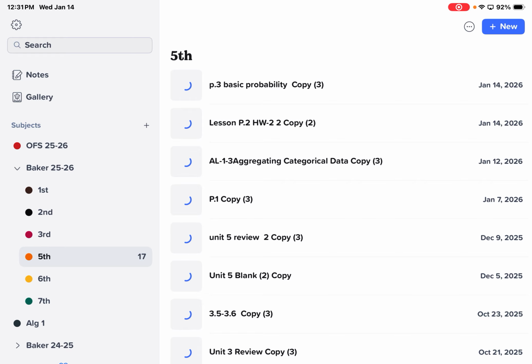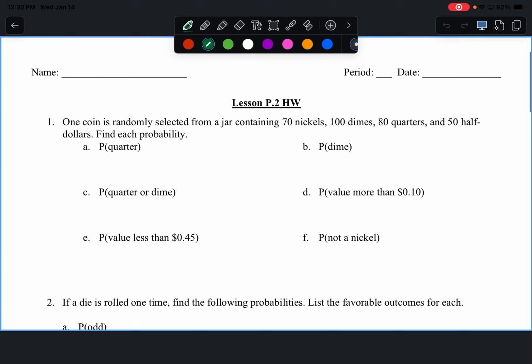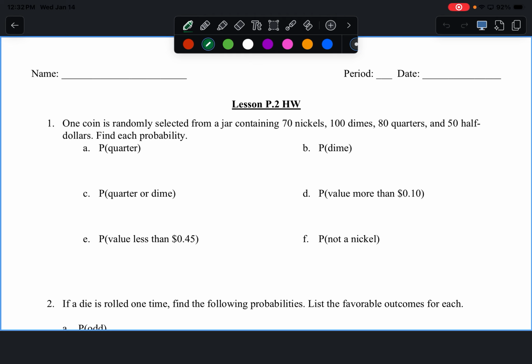Okay. So for this assignment, okay, the first question says 1 coin is randomly selected from a jar containing 70 nickels, 100 dimes, 80 quarters, and 50 half dollars. Okay, half dollars are a type of coin that was more common back in the day.